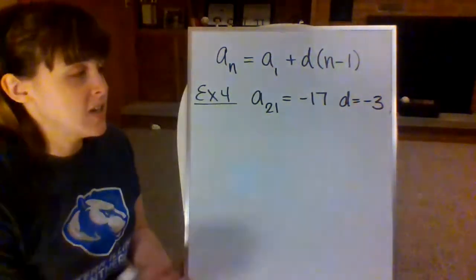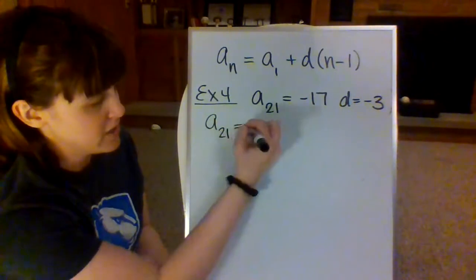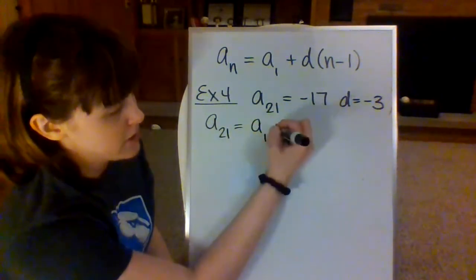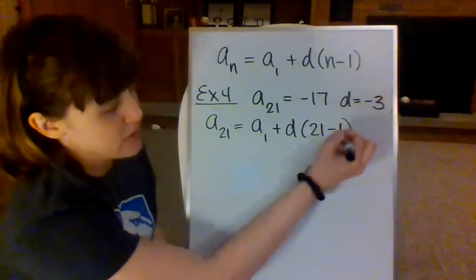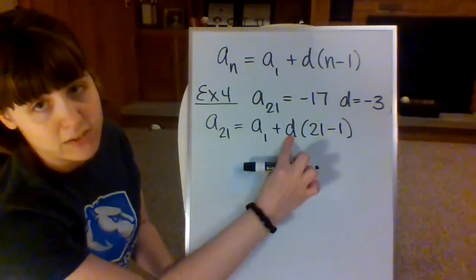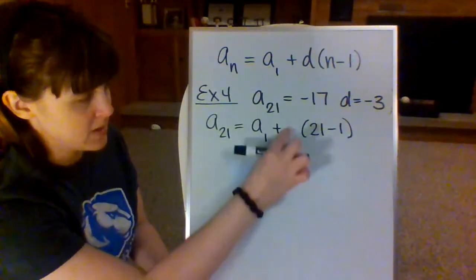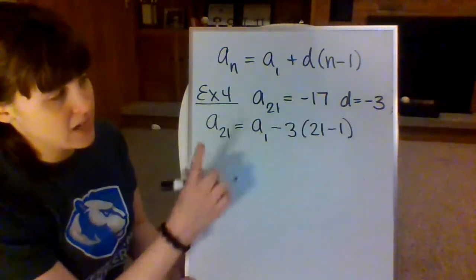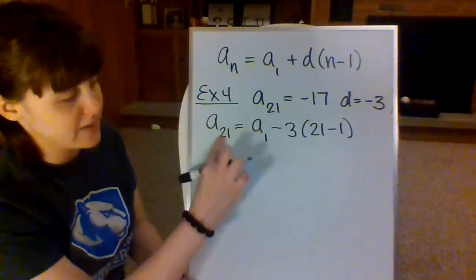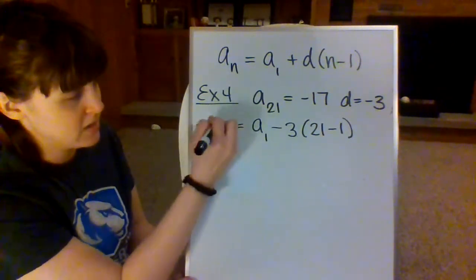Yes, negative 3. If you have A21, that should equal A1 plus the common difference, 21 minus 1. The difference here was negative 3 that they gave us, so I'm going to replace this with a minus 3. A21 they told me was negative 17, so I'm going to replace this with negative 17.